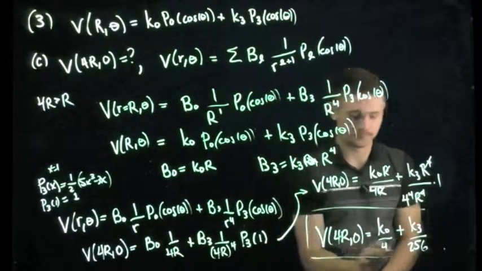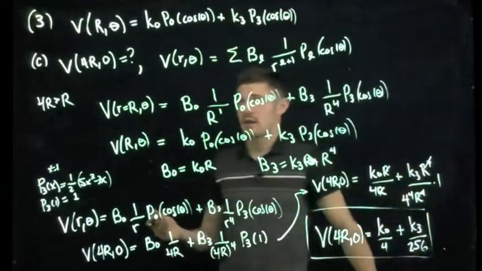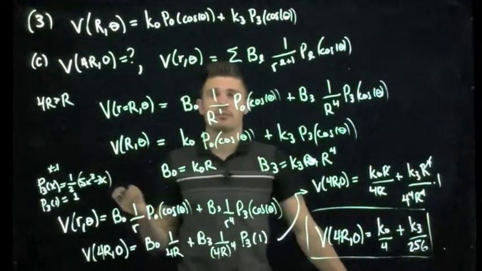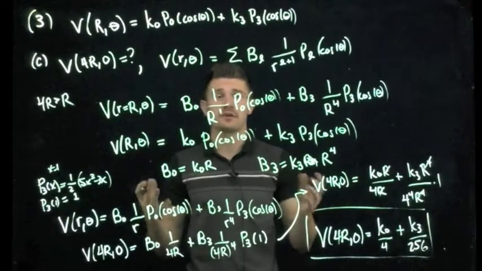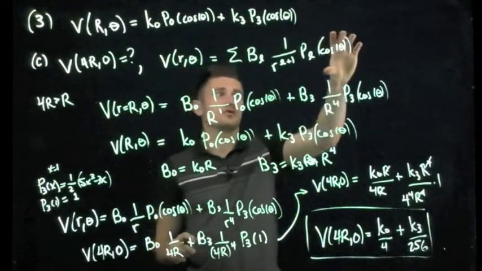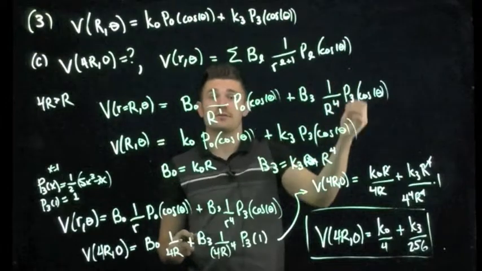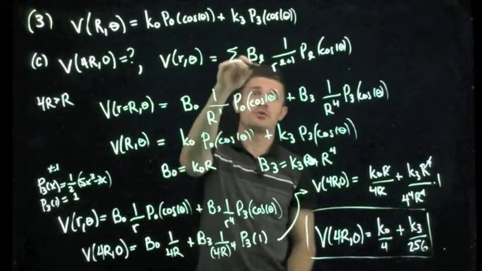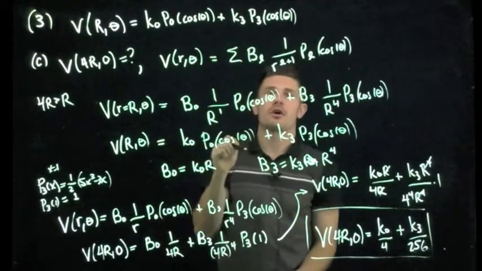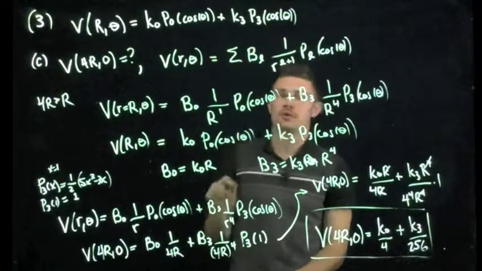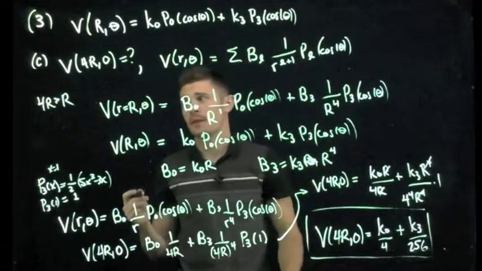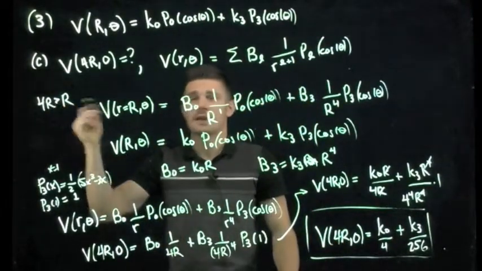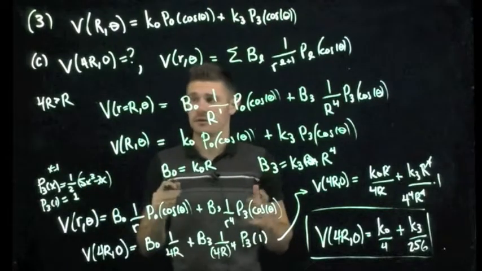So to summarize what we have, very similar to part B, except now we're outside of the sphere, so we have to look at the general solution to Laplace's equation in spherical coordinates in terms of our coefficient B sub L, 1 over r to the L plus 1, and our Legendre polynomial in terms of cosine. 4R is greater than R, and that's what makes us know that we're outside of the sphere.